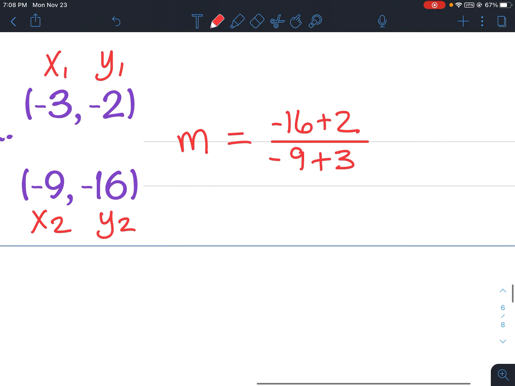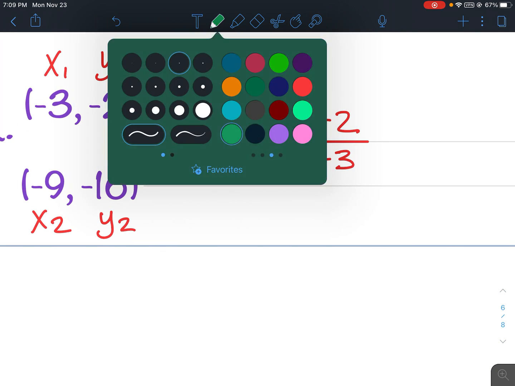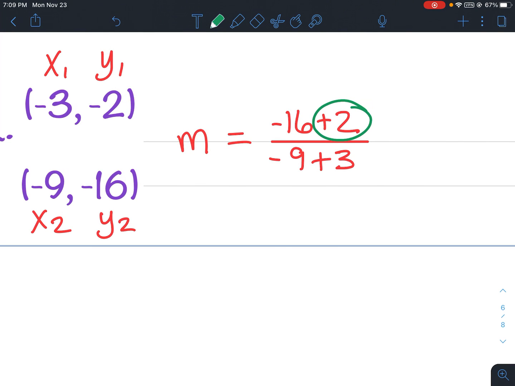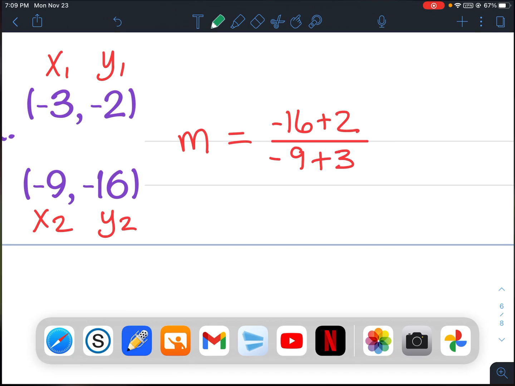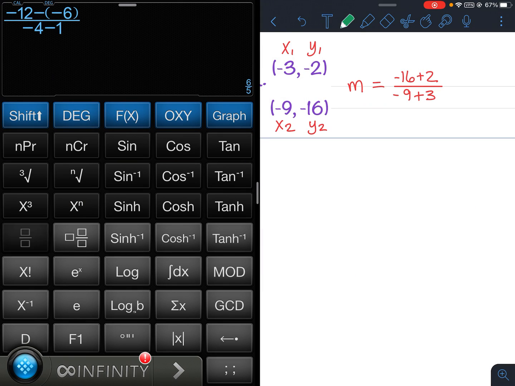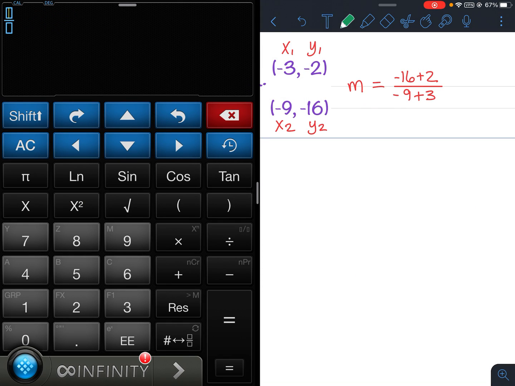So again, this is the opposite of this. This is the opposite of that. Put that in my calculator. -16 plus 2 over -9 plus 3.